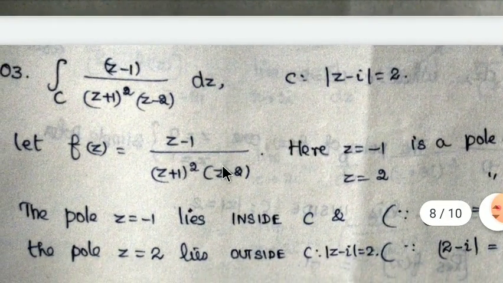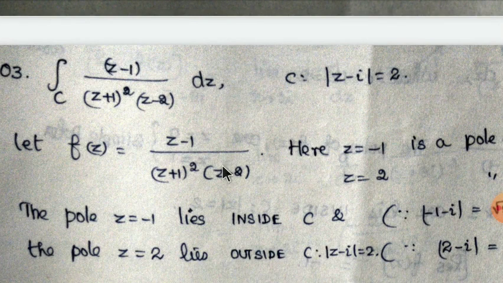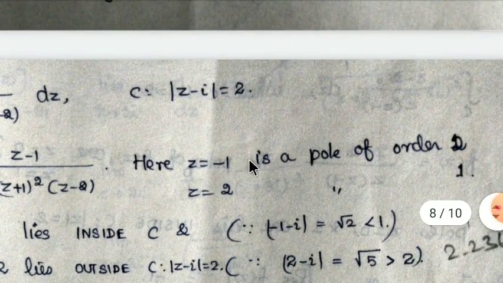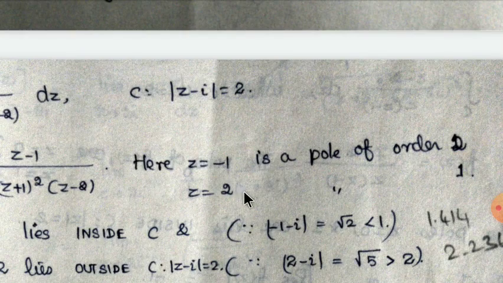Integral over c of (z minus 1) by (z plus 1) whole square into (z minus 2), where c is mod z minus i is equal to 2. Let the whole be f of z. The poles are nothing but minus 1 of order 2 and plus 2 of order 1. Clear? Now check whether each lies inside or outside.